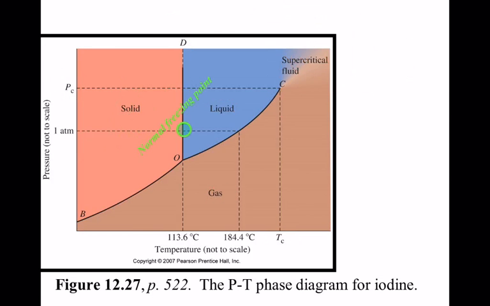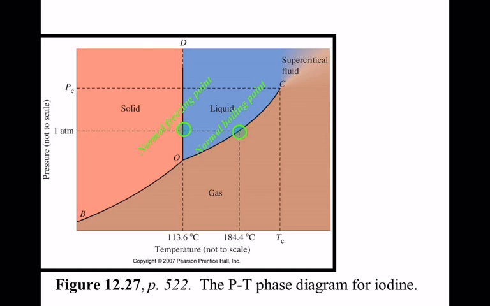Oh, not quite. Okay, remember when we talked about the normal boiling point temperatures of substances, and we said that you can use, for that substance, its equilibrium vapor pressure curve, which is O to C, and basically find atmospheric pressure and come down and find the corresponding temperature.